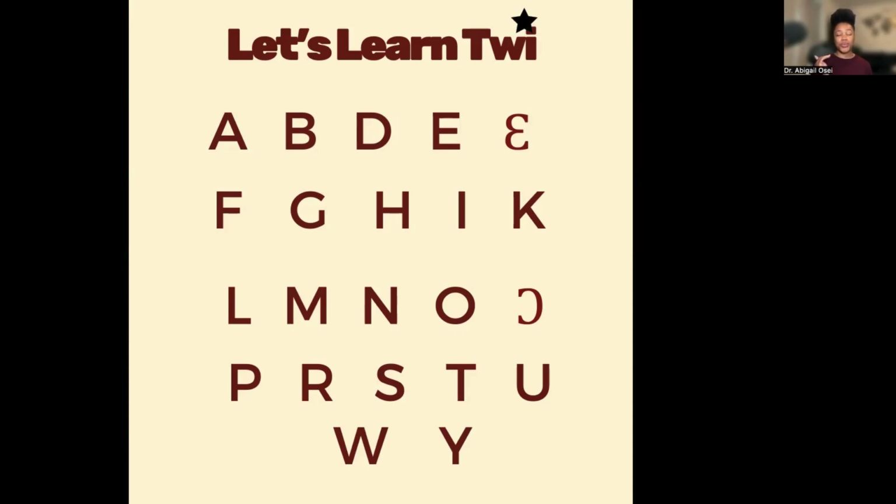And so in Twi we have the same, like TW. TW is a digraph. So we have the consonant combinations that make their own sounds, and then we have the vowel combinations that make their own sounds. And so we are going to have to cover those two fundamentals.